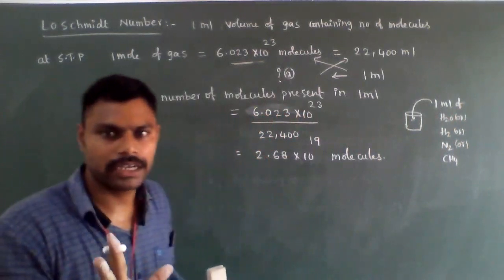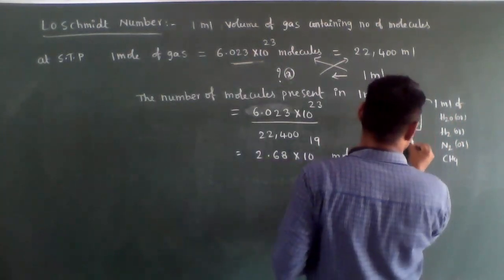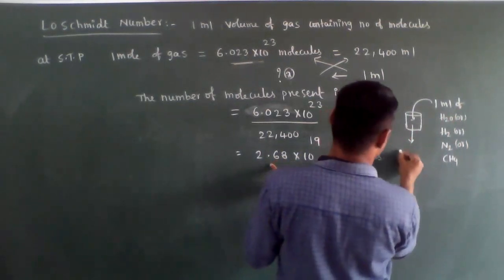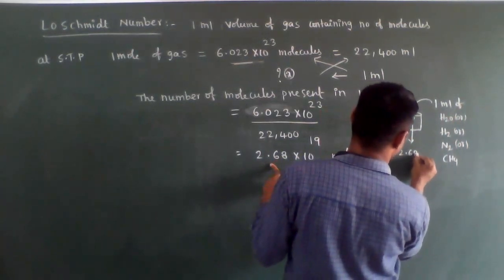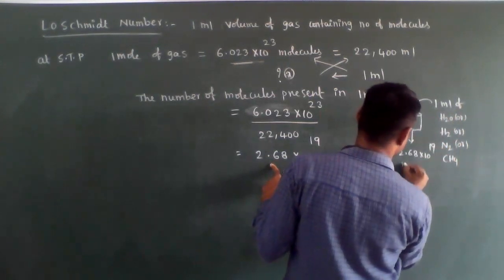In that 1 ml, how many molecules are present? It is always equal to 2.68 into 10 to the power of 19 molecules.